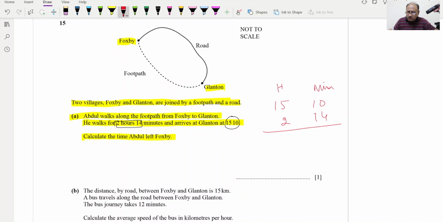When we have to subtract this, we can take a carry here, and this will become 70. 60 minutes will be carried from the hours side. So 70 minus 14 will be 56, and 14 minus 2 will be 12. So 12:56 will be our answer, and this will be 1 mark part.